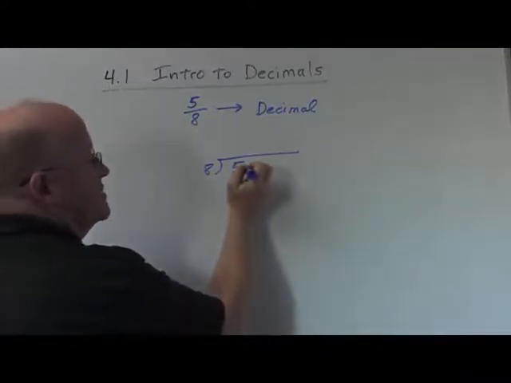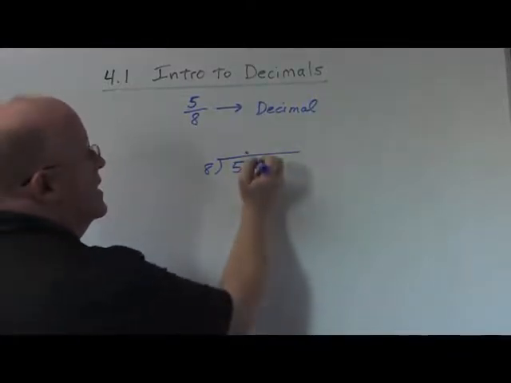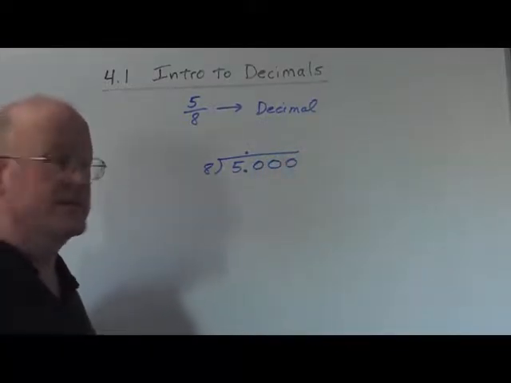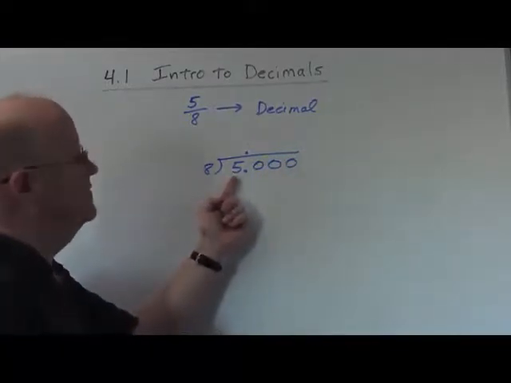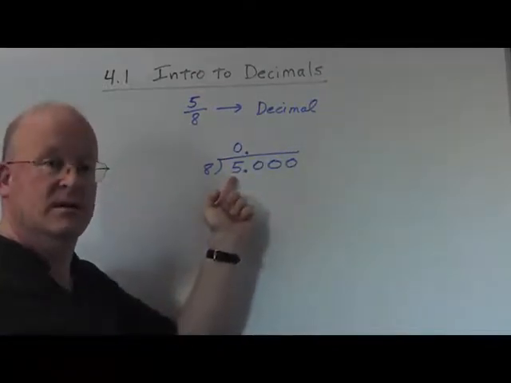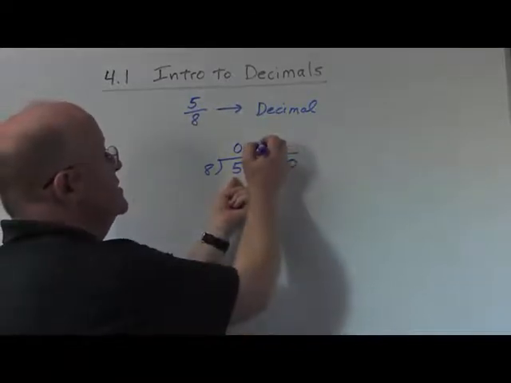We're going to put a decimal after that 5 and move that decimal up straight through the division bar. And we're going to put a few zeros in here. We don't know how many zeros we're going to need. 8 does not go into 5, so we're going to put a 0 up at the top to signify that the answer is no, it does not go in. 8 does go into 50 6 times.